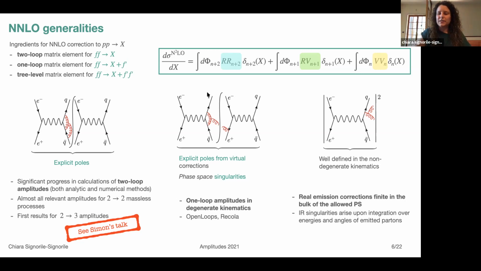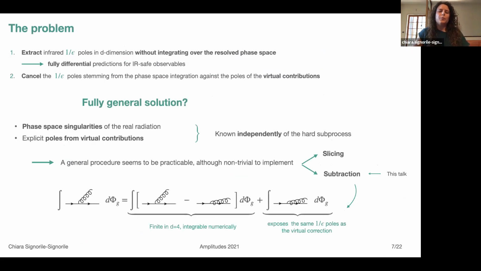I would like, on the other hand, to focus on the double real contribution. The main problem of the double real is that it is well defined in 4 dimensions in the bulk of the phase space, but it is also affected by infrared singularities arising upon integrating over angles and energy of the radiated partons. So the main goal of a subtraction scheme is the following.